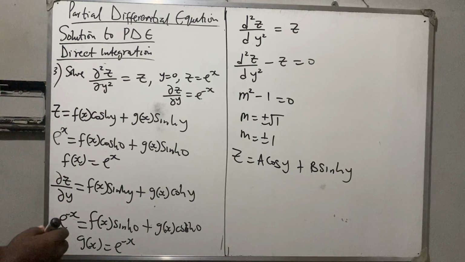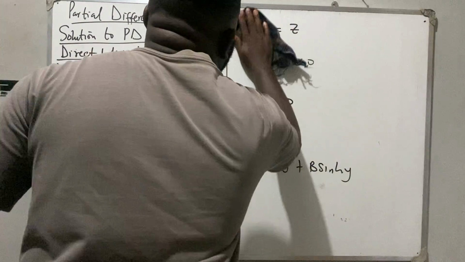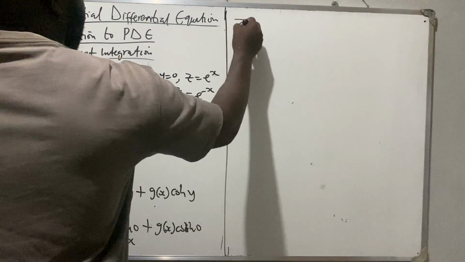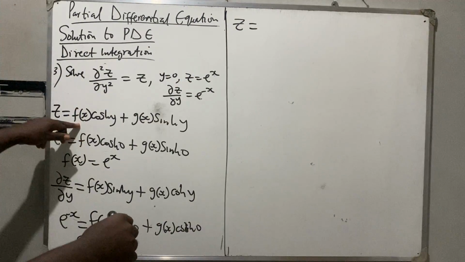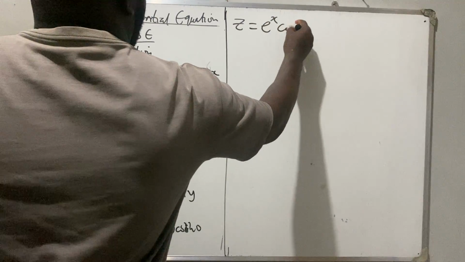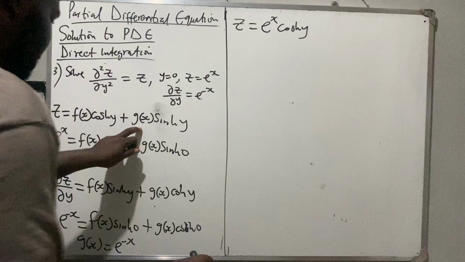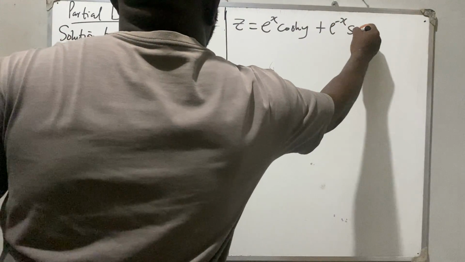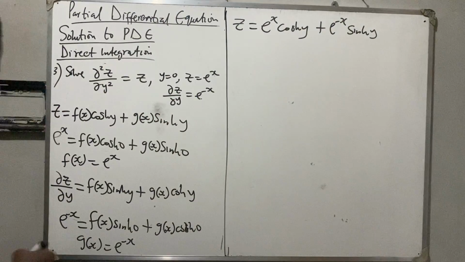If we now put it back in my equation, my answer becomes z equal to, my f of x is exponential x, so exponential x cos y, plus exponential minus x sin y. So that is the solution to that particular question.